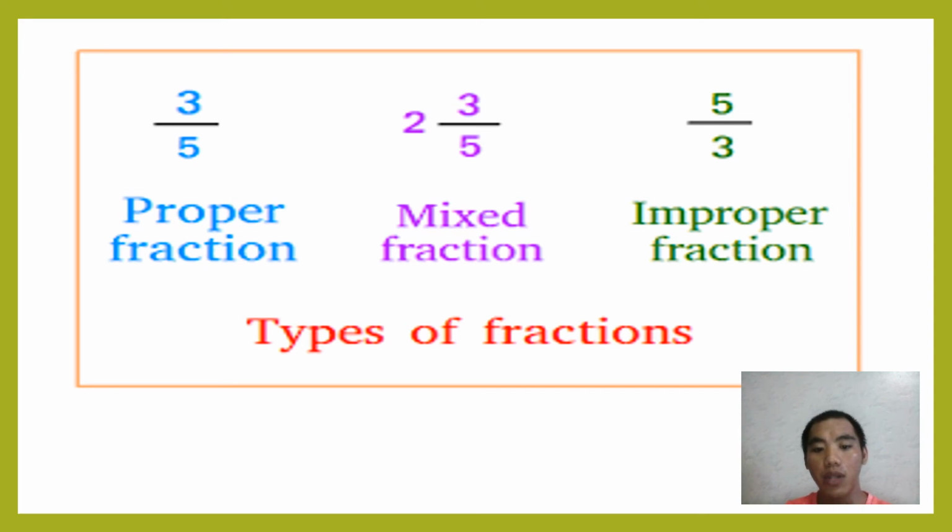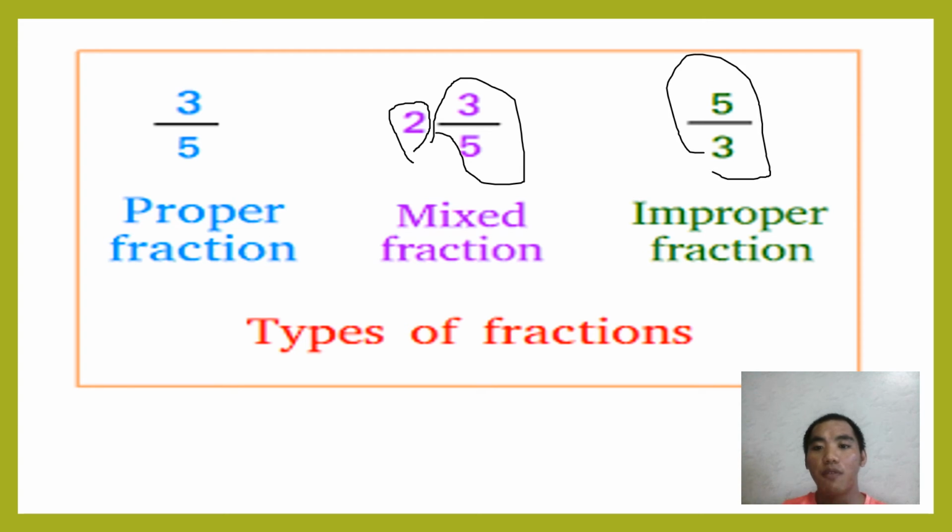So again, the whole number there is 2, and the proper fraction is 3/5. Okay, next is we have here 5/3. 5/3 is an example of improper fraction because the numerator 5 is greater than the denominator, which is 3. Okay, so that's the difference between the 3 types of fractions.